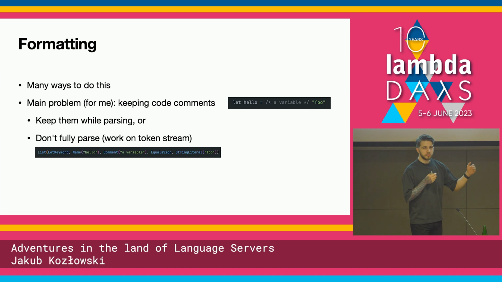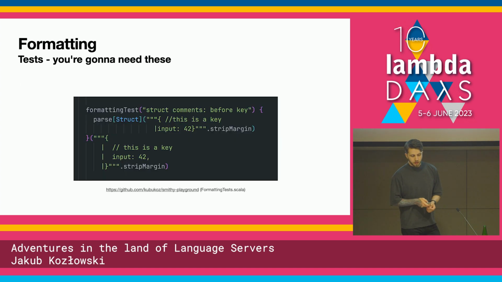And then work on that stream or list of tokens without this sort of tree-like structure. And this makes it apparently easier to print code with comments. I don't have a recommendation for any of this. These are just the ideas I would check. And there's plenty of documentation, well, plenty of prior work on this, and blog posts and so on.